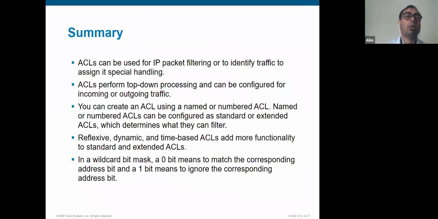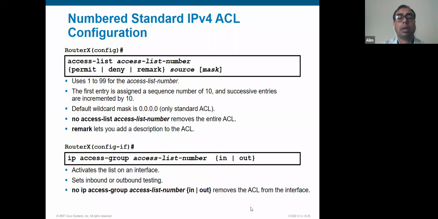Then what is the syntax of this type of ACL? Let me show you briefly before moving to our lab. Access list number. You will give a number. Then whether you permit or deny or remark.